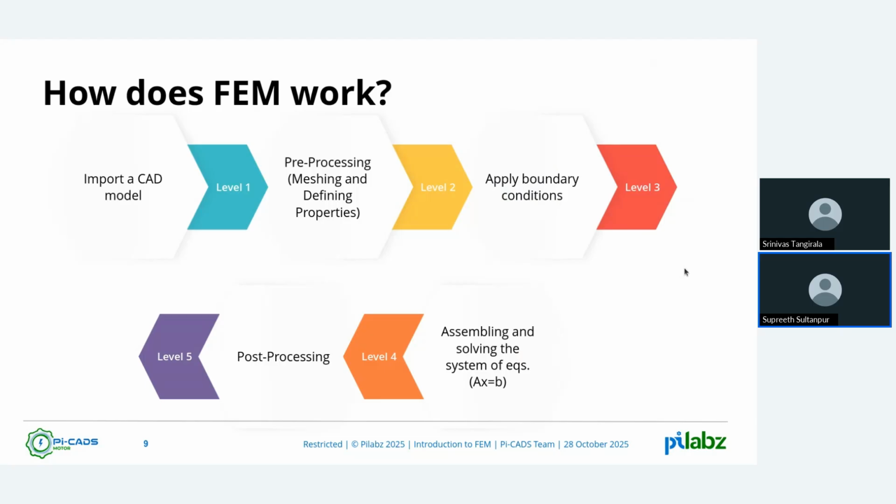FEM at a very high level is you break down this complex geometry into smaller geometries, and then you assemble all these tiny problems and solve them simultaneously. That's what is called assembly. We'll also look at what that means in a later slide. Then we do post-processing, where we look at results. For example, for the chassis, if the vehicle is going at so-and-so speed, what are the stresses on the chassis, or what are the displacements.